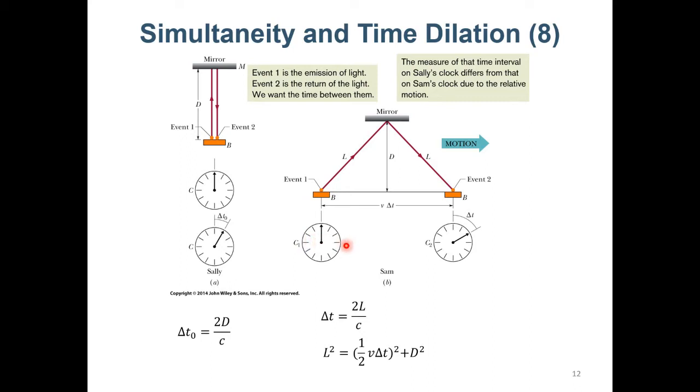Of course you need two clocks to read the starting time and the stop time, because this is far away, because v is sufficiently large, comparable to the speed of light.